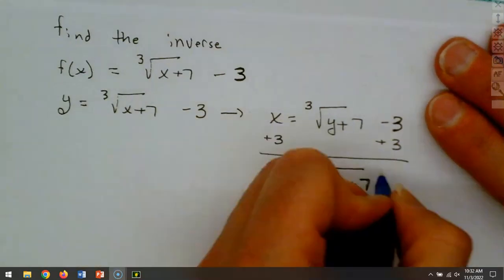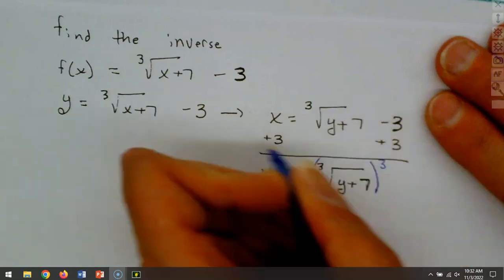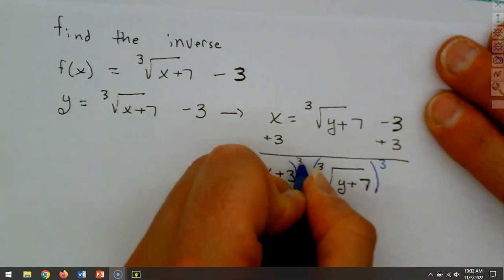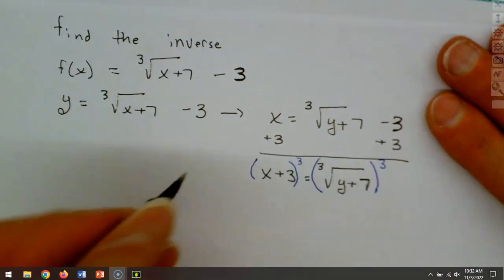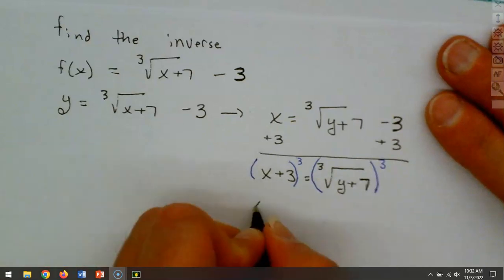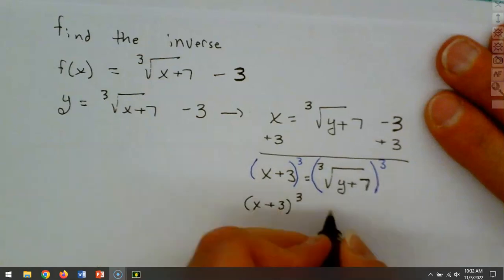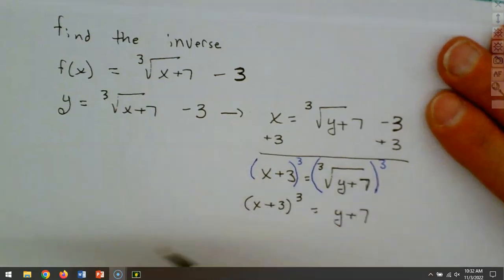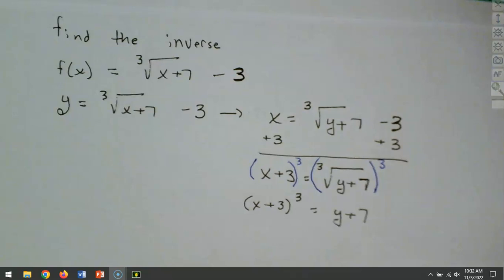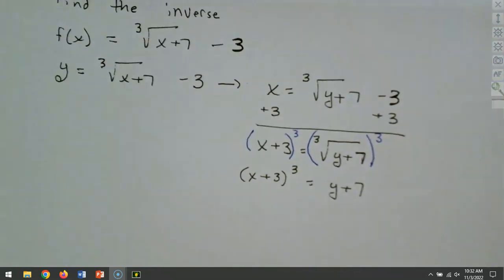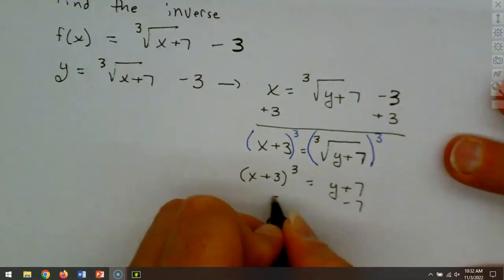Yep, someone said it, cubing, right? So we're going to cube both sides to get rid of that. And that leaves you now with x plus 3 quantity cubed equals y plus 7. And what's my last step going to be here? Move that 7 over.